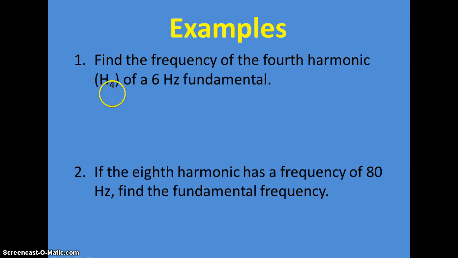So you have your equation: frequency of the harmonic equals the fundamental times the harmonic number. So we need F sub H equals the fundamental 6 Hz, so that's 6 times the 4th harmonic, so 4. So 6 times 4, and you'll get the answer is 24 Hz.